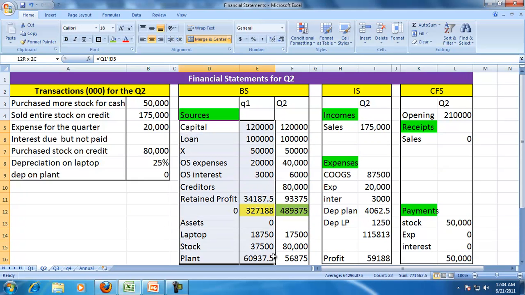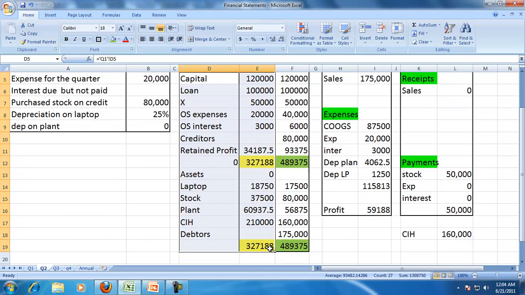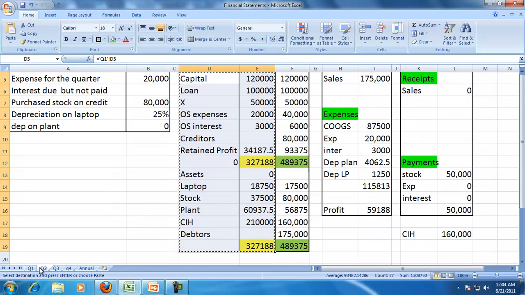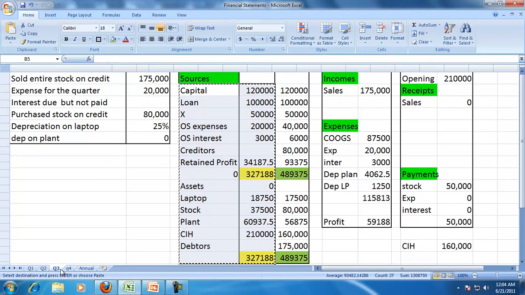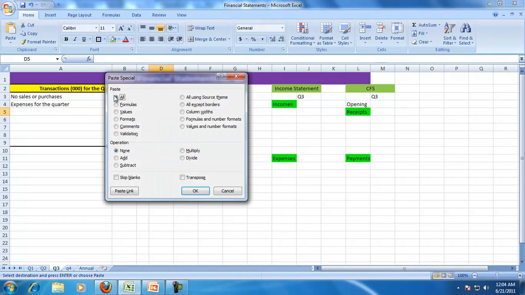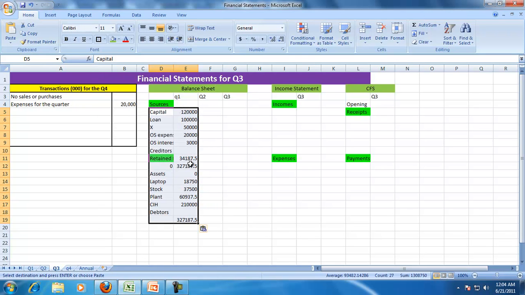Now I can copy this and say this will be the opening balance sheet of Q3. Let me copy that, but later on we'll do it. So the opening balance sheet of Q3 will look like this.